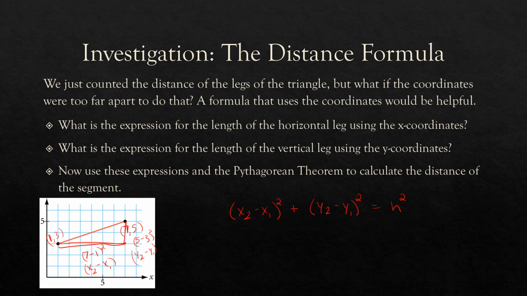What if I just want the hypotenuse, the distance? Well, I would take the square root of both of these, and that would leave me with just my hypotenuse. So the square root of my x-coordinates subtracted and my y-coordinates subtracted and then squared is equal to the distance.